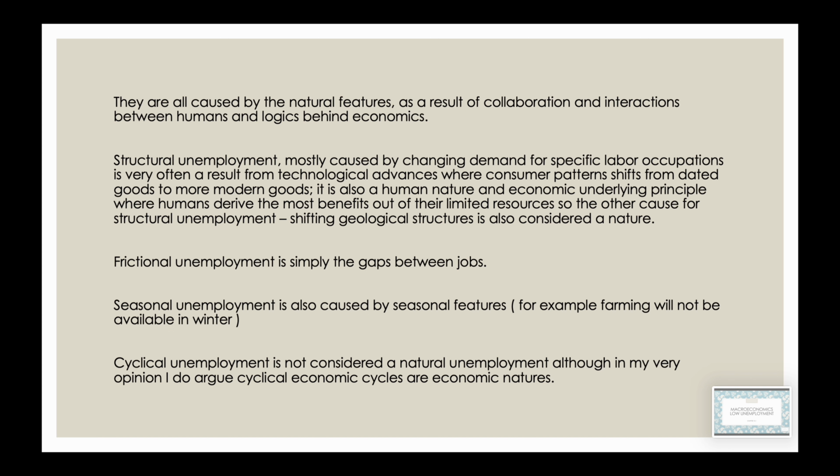It's mostly caused by changing demand for specific labor occupations, and it's very often a result of technological advances where consumer patterns shift from some dated goods to more modern goods. Advancing technologies lead to changes in consumer patterns and preferences, eliminating the demand for labor for the old goods.